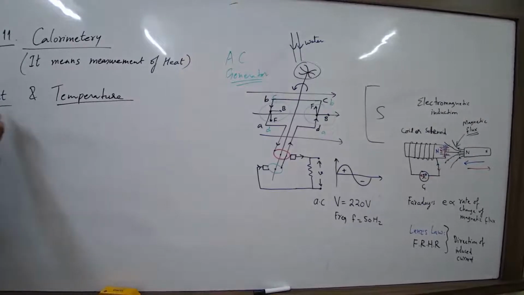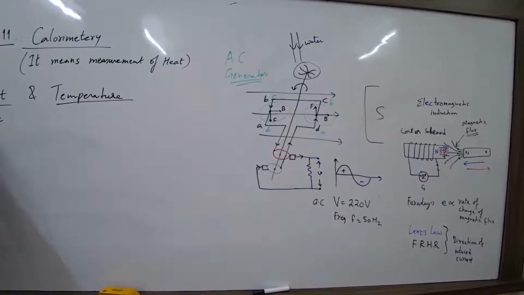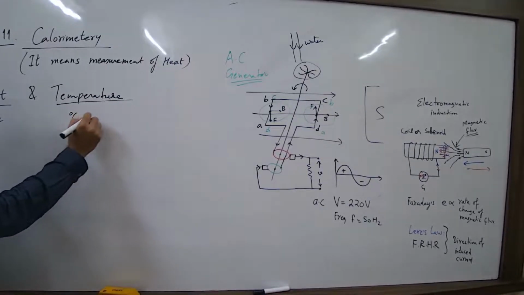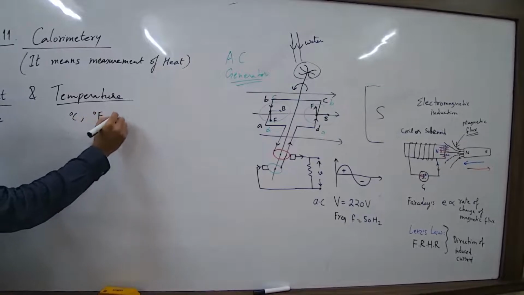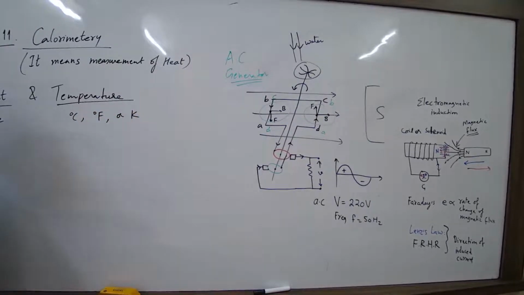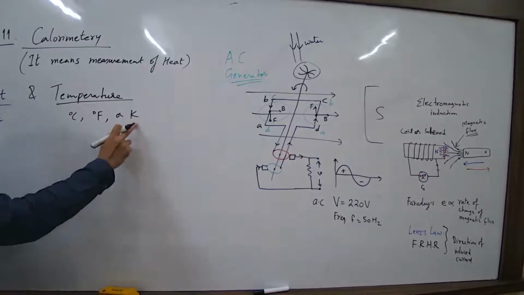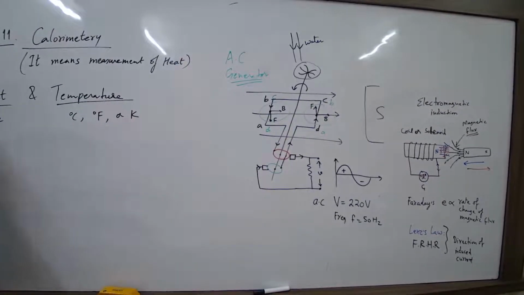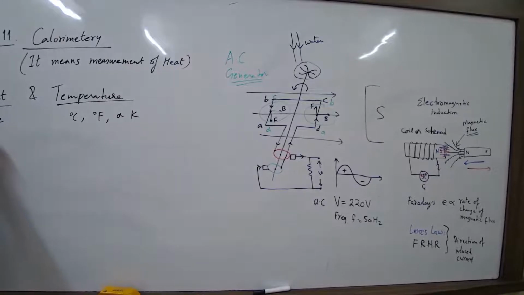So what is the temperature difference? First of all, they are both different because what is the unit of heat? Joule. What is the heat unit? Joule. What is the temperature unit? Celsius, Fahrenheit, or Kelvin, right? What is the SI unit in this? Kelvin. Okay. So Joule or Kelvin. Then heat has other units also, like calorie.